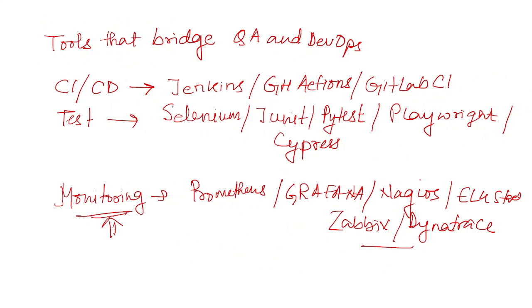So, coming to the next slide: the tools that bridge QA and DevOps. What are the tools that bridge QA and DevOps? The bridging tools are CI tools, that is Jenkins, GitHub Actions, and GitLab CI.